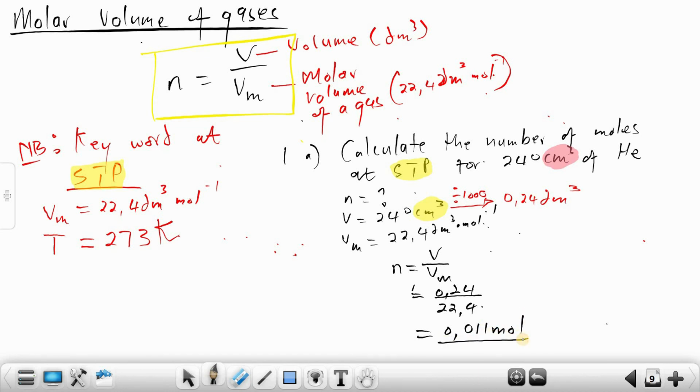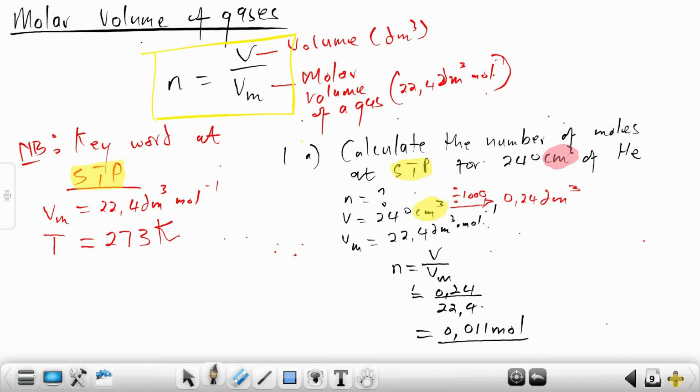So this is the easiest way of doing this one. Key thing was, at STP, the SI unit must be in decimeter cubed.